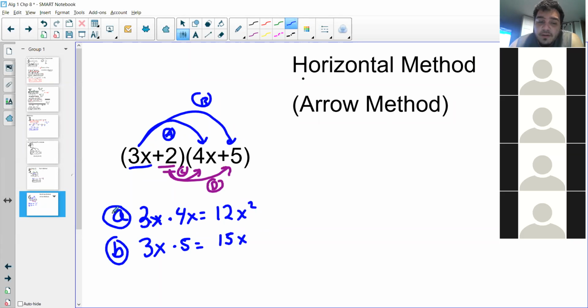I want to be clear, you don't need to write all of this. You could just write A is 12x squared. I'm just showing you what's happening. C, 2 times 4x equals 8x. And D, 2 times 5 equals 10.